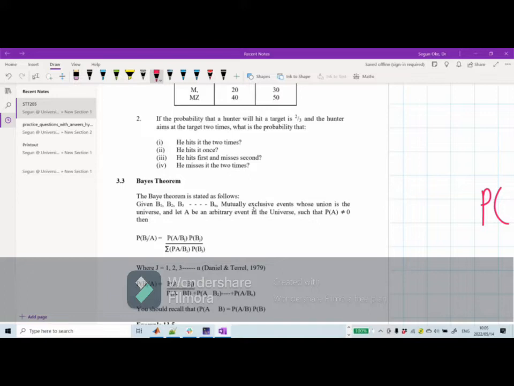If the question says a tutor marked it and the lecturer, the course coordinator, vetted it and discovered that they made a mistake, what's the probability that the script they picked is for that tutor? How many tutors marked it? Only one tutor. So there is no need for you to pass through Bayes' theorem.